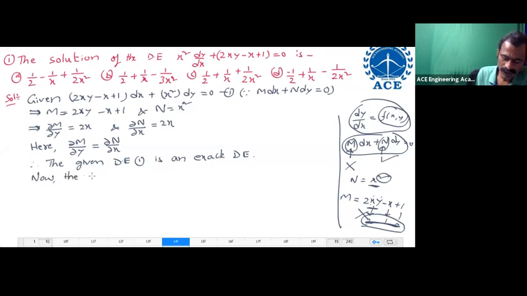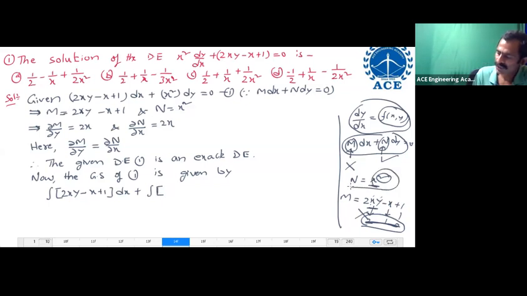Now the general solution of 1 is given by the integral of M, where M is 2xy minus x plus 1, dx, plus from the function N. Here N equal to x square.